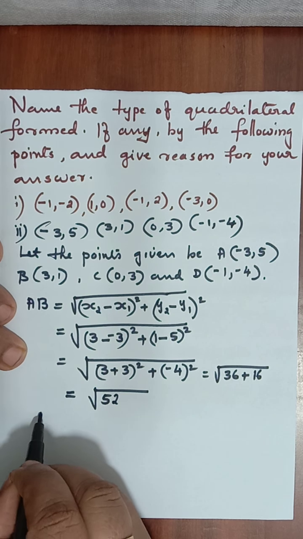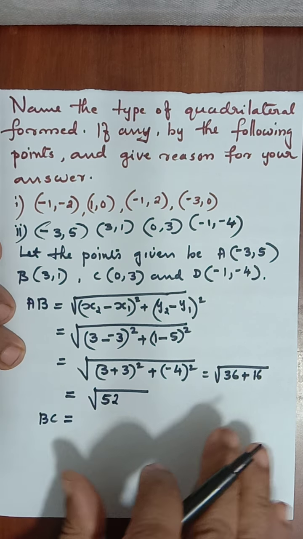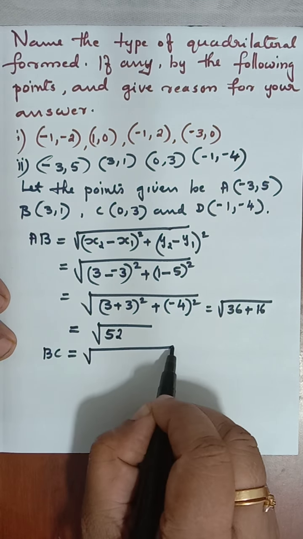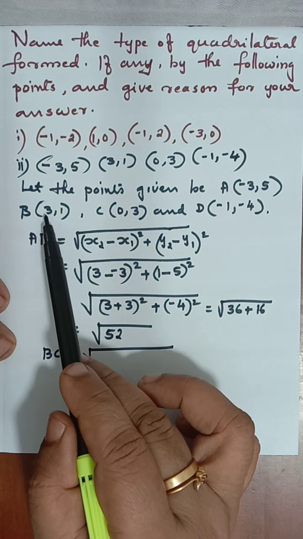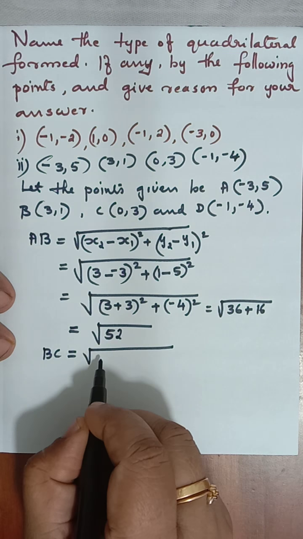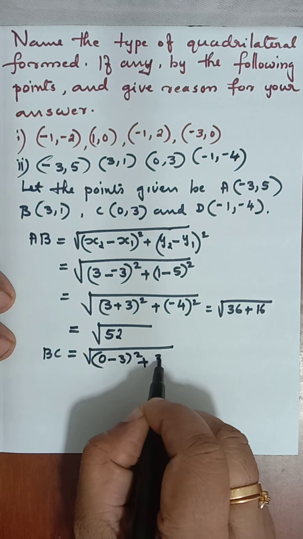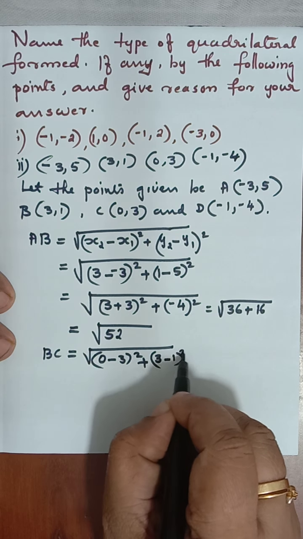So now comes BC. BC equal to, using the formula we can find out, square root of, B is (x1, y1), C is (x2, y2). (x2 minus x1) whole square plus (y2 minus y1) whole square.